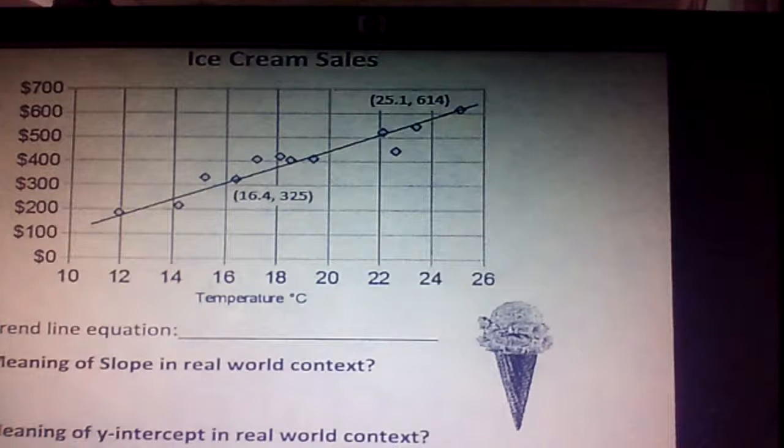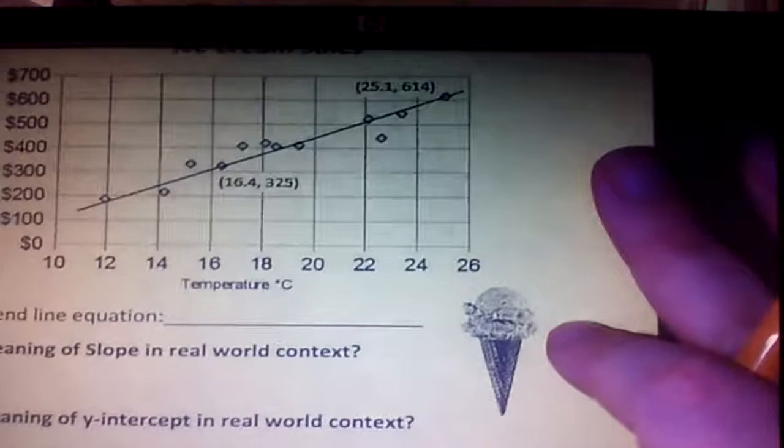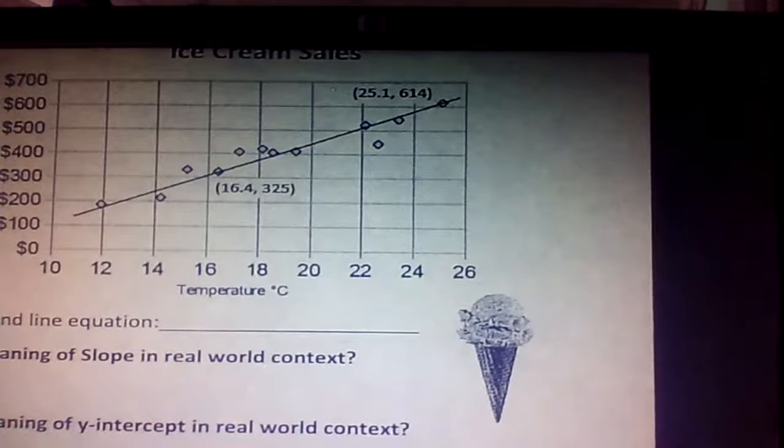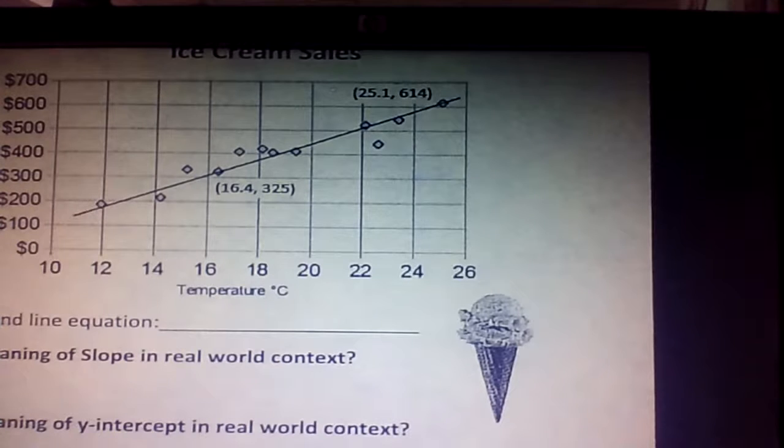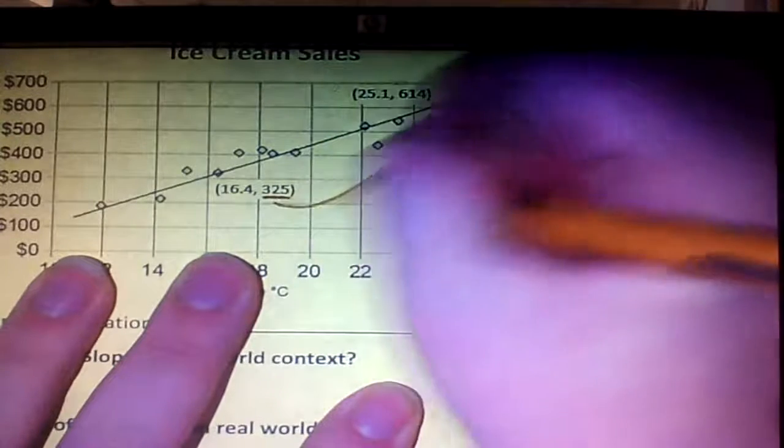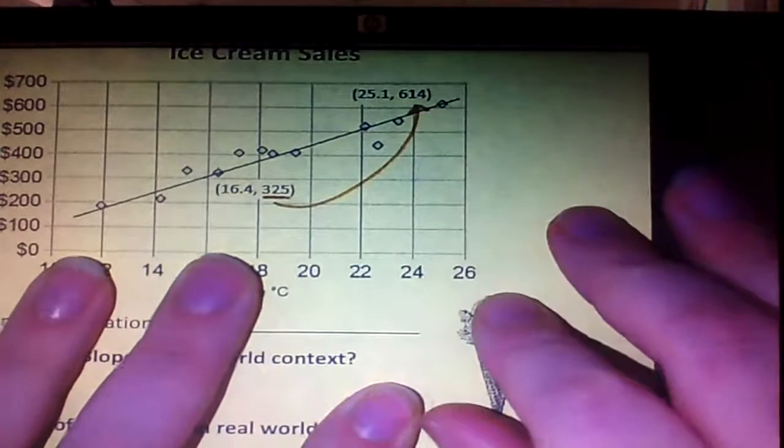So this one, ice cream sales. Okay, this was obviously done by a computer. Okay, they're giving us very accurate data here. Okay, they already gave us the 2 points. Okay, so let's find the slope, and they want to know, what does the slope mean? So again, my slope is my change in y. So my y's are going from 325 up to 614.